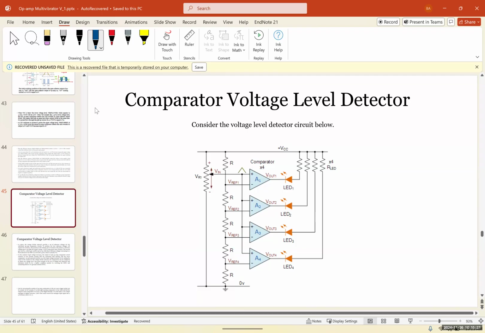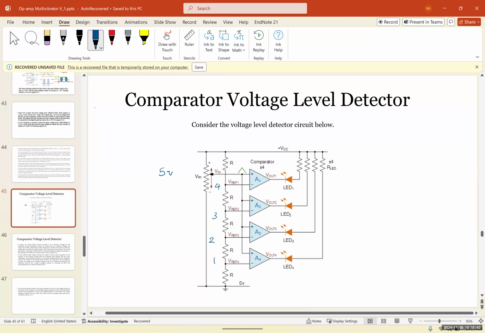For example, imagine that this VR1 is, let's say, 5 volts. Then V reference 1 would be 4, V reference 2 would be 3, this would be 2, and this would be 1.